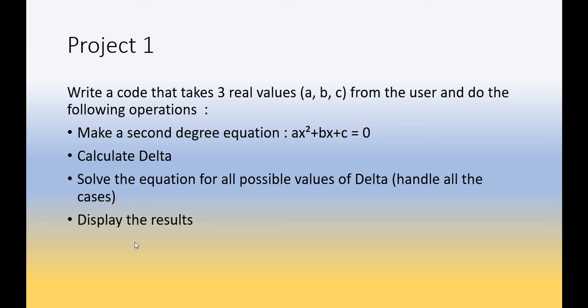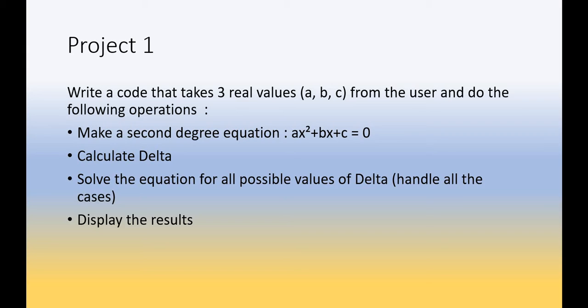Hello everybody, in this video we will try to solve the first project that we mentioned in the second lesson. In this project we have to write a code that takes three real values a, b, c, and we have to make a second degree equation by using these values, and then we calculate the delta to solve the equation.